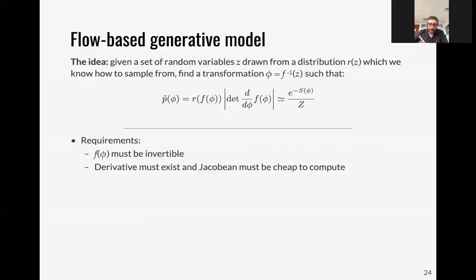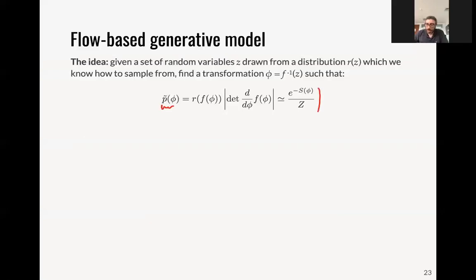Oh, by the way, I'm following the notation of one of the papers that I showed before. So what we called h before is now called F inverse, and what we called h inverse before and appeared in the determinant is now F, not inverse, so F forward. That's just, yeah, I'm not trying to confuse you.